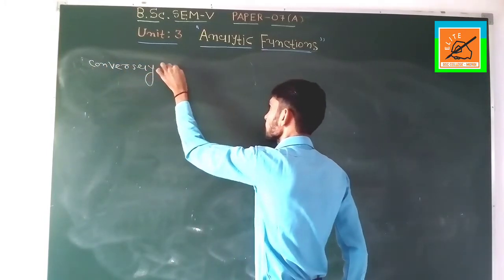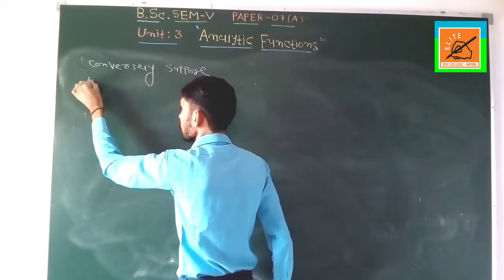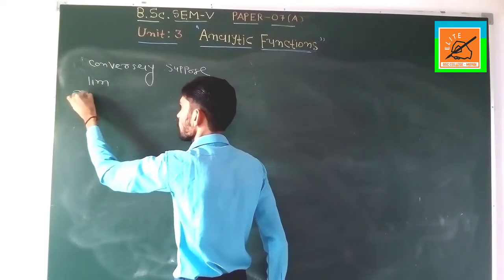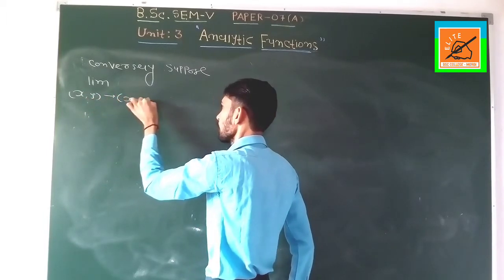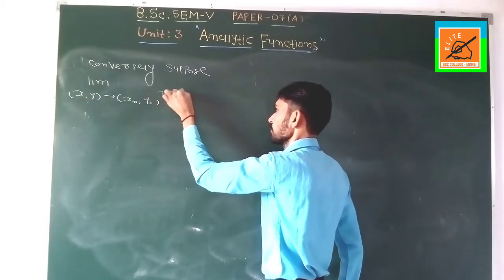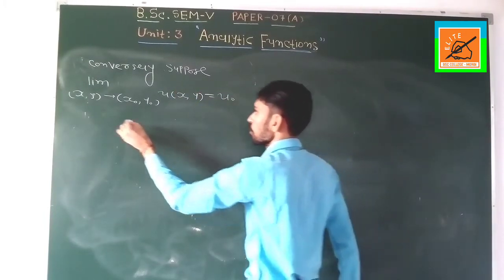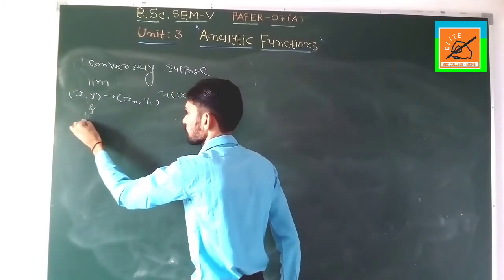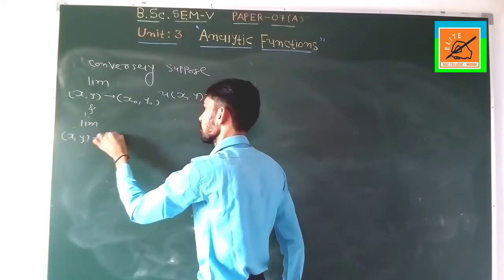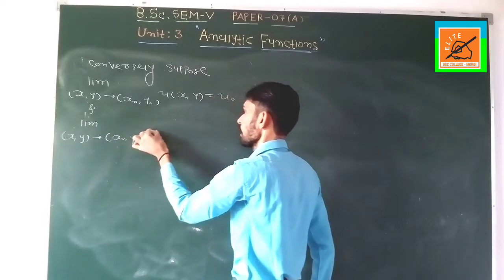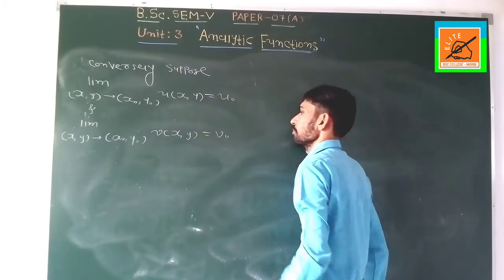Conversely suppose, now we suppose limit xy tends to x0 y0 function f of xy is equal to u0 and limit xy tends to x0 y0 v of xy is equal to v0.